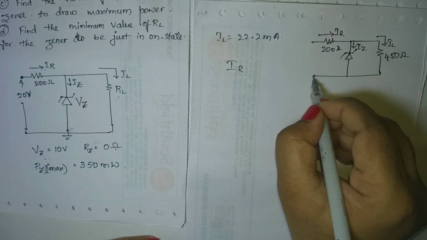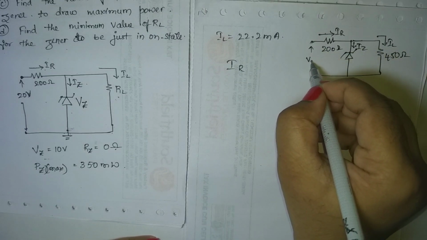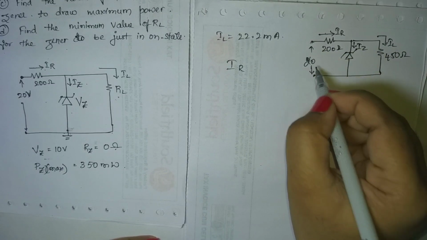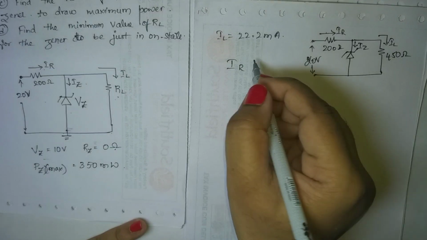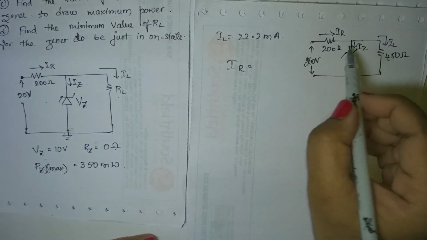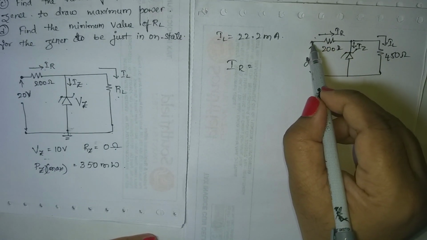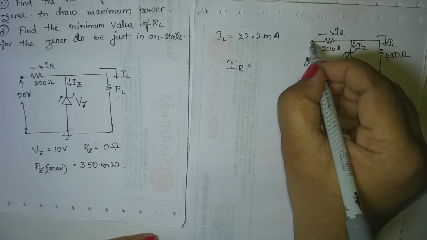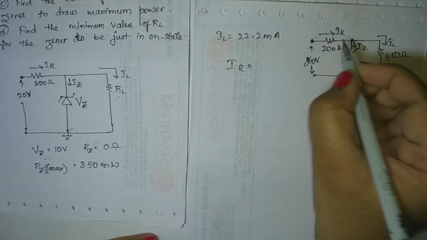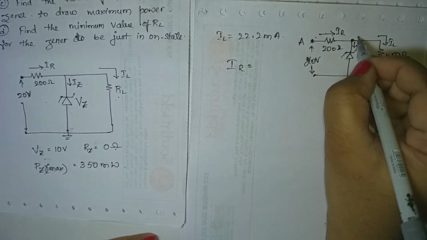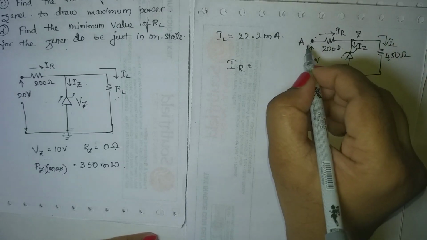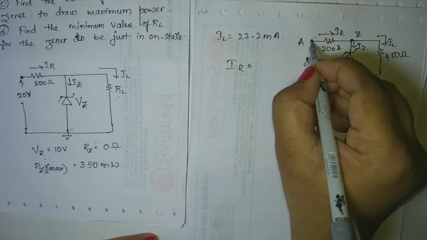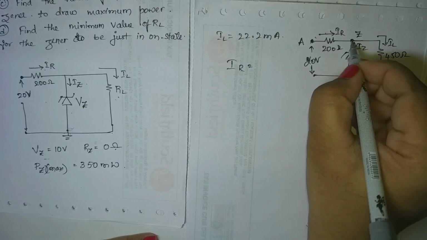These are all the parameters given in the question. IR is the current flowing from this point to this point. Let me take this as point A, this as point Z. Now IR is the current flowing from point A to Z.